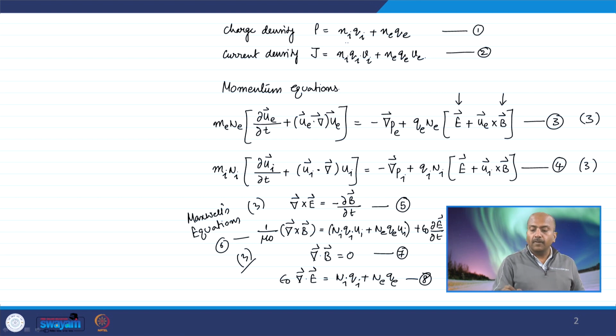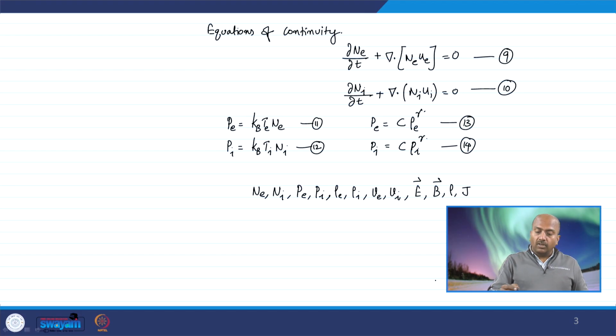The charge density is written as this. The current density is just a constant scalar equation. Equation number 7 and equation number 8 among the Maxwell equations are also scalar equations. And then you have the continuity equations, which are again scalar equations.